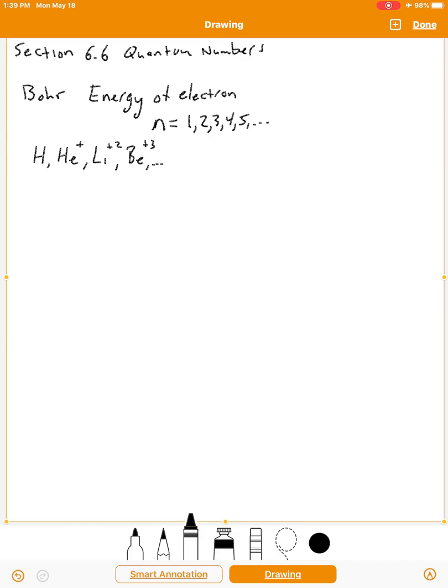So the hydrogen atom has one electron, the helium ion has one electron as well. Beyond that, even the simple helium atom with 2 electrons, the Bohr model failed to accurately determine the energy levels of the electrons. So it was left to other physicists to figure out the solution. And one solution is what's called the Schrödinger equation.